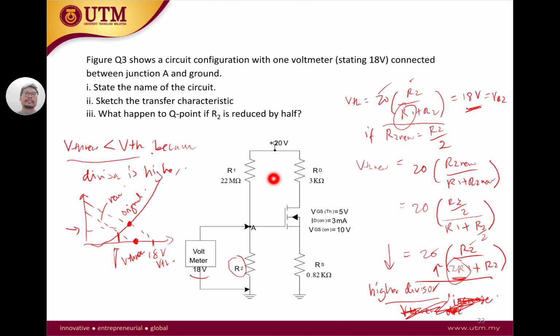Originally our IDQ VGSQ is there, and now when we shift the load line down, we can see that our VGSQ and IDQ is going to reduce, and therefore our Q point is reduced. So all your IDQ, VDSQ are smaller when R2 is reduced by half.